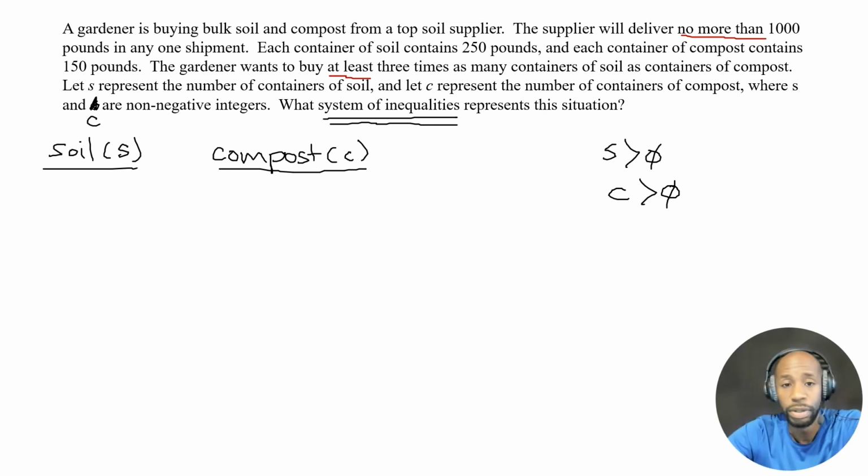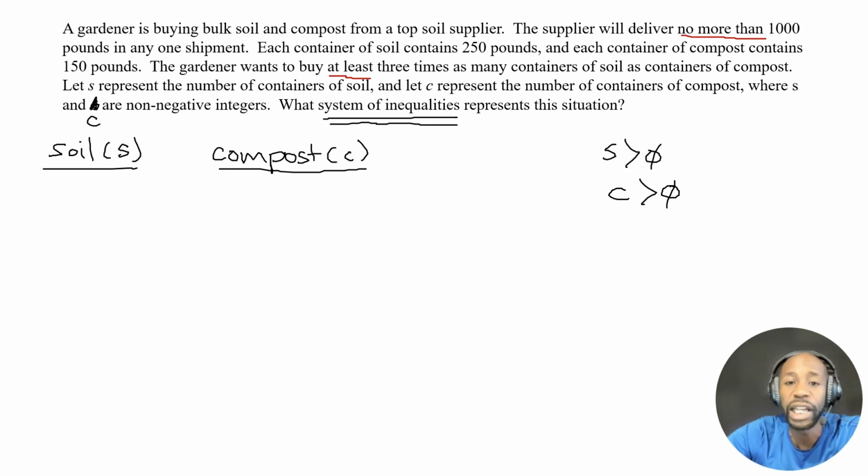Also, the way the information is set up, it tells you the poundage of soil and how many containers of soil. Two different things having to do with the soil and the compost tells you that you're dealing with a system of inequalities, where you're going to set up two different equations, with the soil S and the compost C.